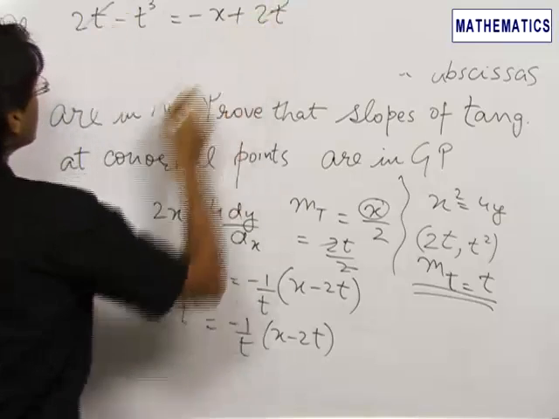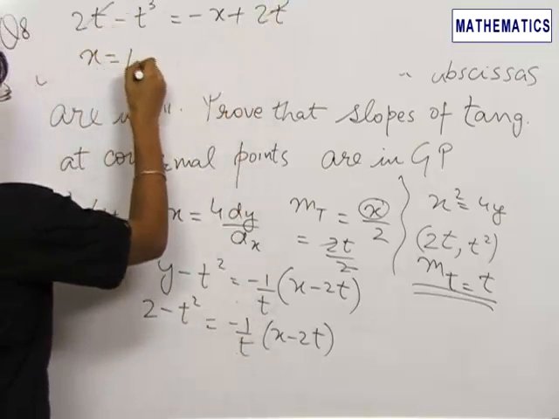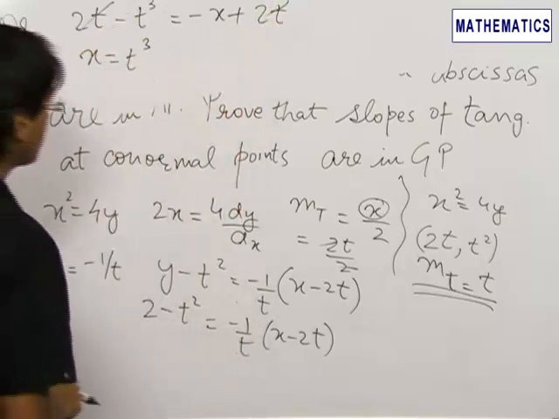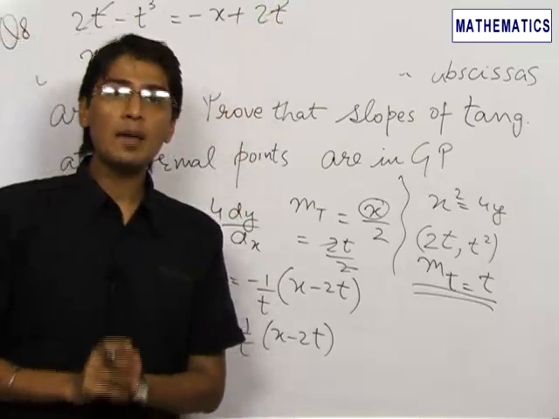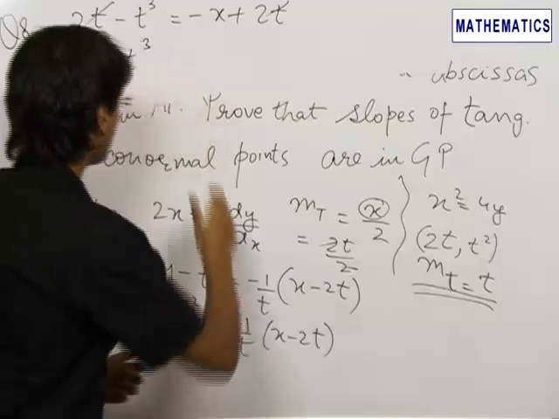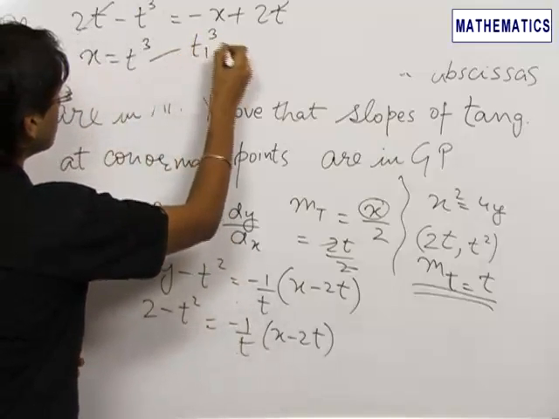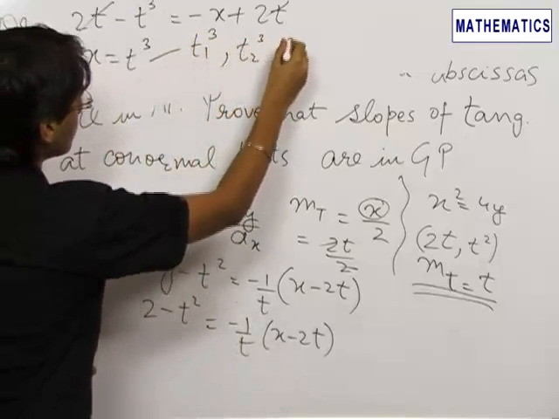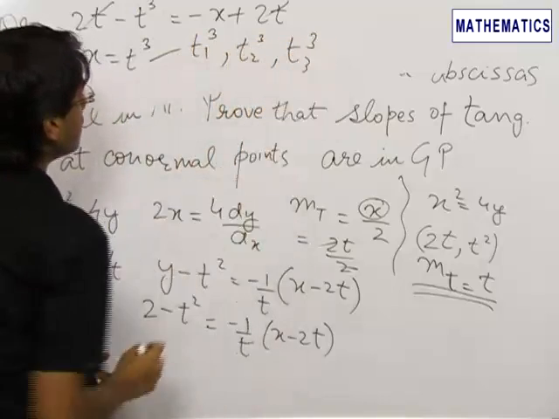This 2t and 2t get cancelled and we get x equals t cube. Hence the abscissas of the points are t1 cube, t2 cube and t3 cube.